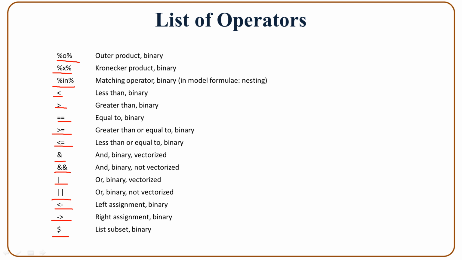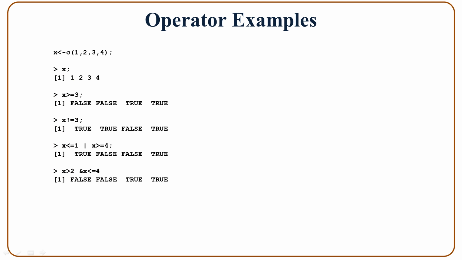Let's look at several examples with operators in R. So in R, in order to create a vector, you use this C function, and give it the elements to initialize the vector, and then use the left assignment operator to store the result onto X, onto the variable on the left.